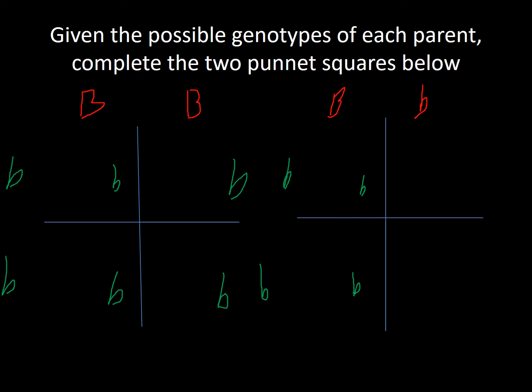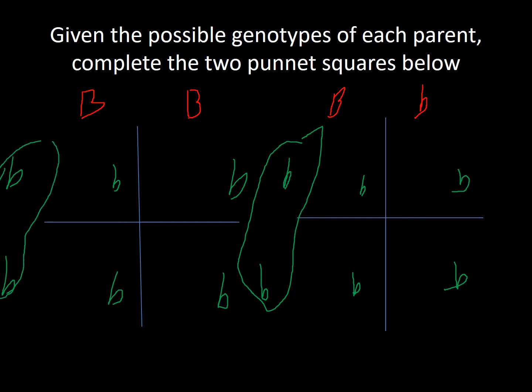All the little b's are going to go across. Because remember, each of these on the side, here and here, are possible eggs and sperm. That's what they are. They are possibilities.